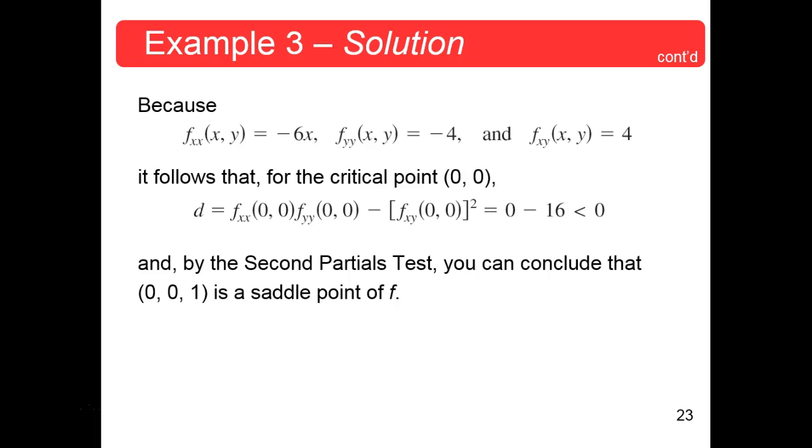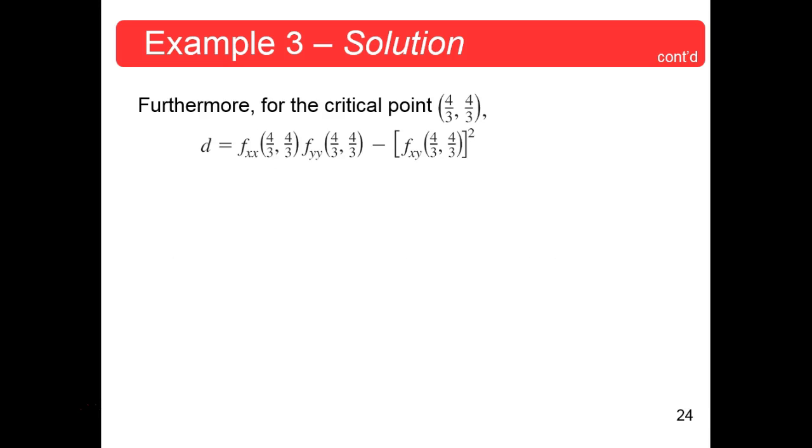No way around it. We had already plugged in and found out when x equals 0, y equals 0, your function was equal to 1. At the very beginning we did that. And that's the saddle point, 0, 0, 1. It's going up in one dimension, down in the other dimension. Saddle point.